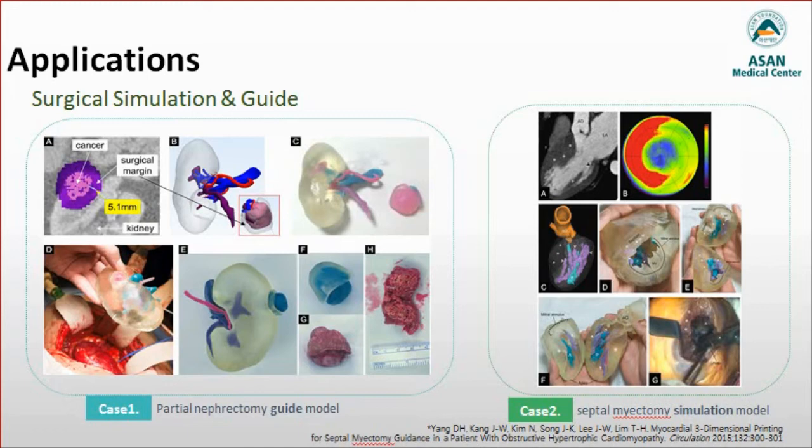Case 2 is from cardiac CT data. A septal myectomy simulation model was generated by in-house software using a 3D printer. The left ventricular myocardium, papillary muscle, and intraventricular muscle band were manufactured with differently colored materials, whose flexibility could be controlled by adding a rubber-like and transparent material.